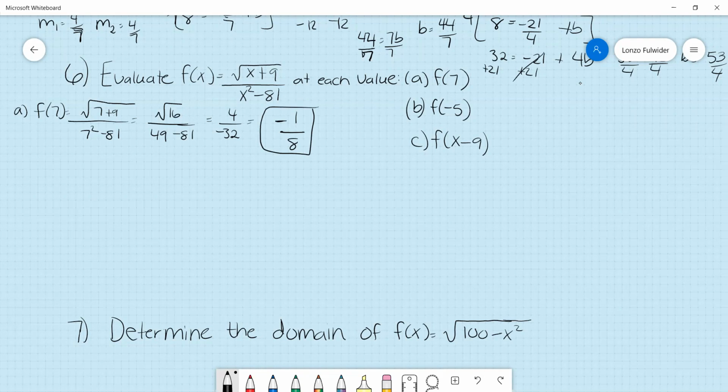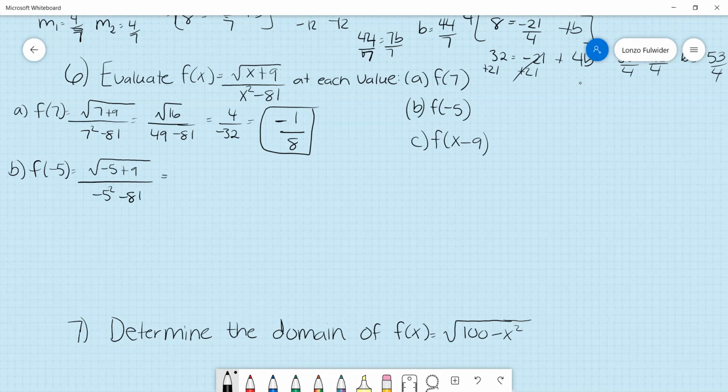Let's do part B. I'll put it right here. So let's find f of negative 5. Wherever you see x, plug in negative 5, so it's going to be radical negative 5 plus 9 over negative 5 squared minus 81.